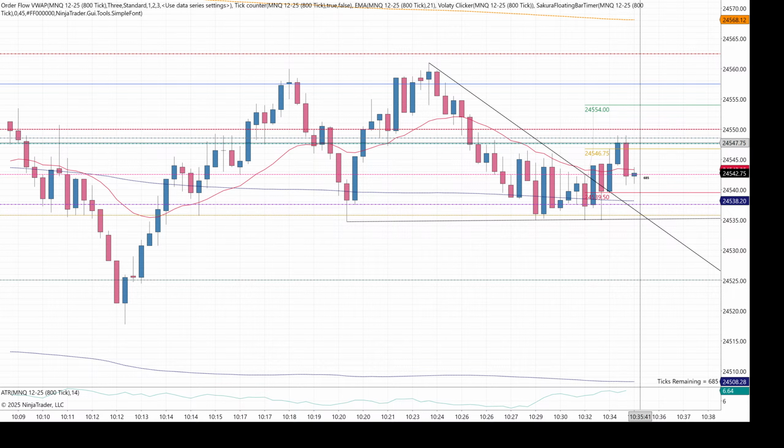And this is the 8 EMA on the 5-minute acting as resistance. $61.